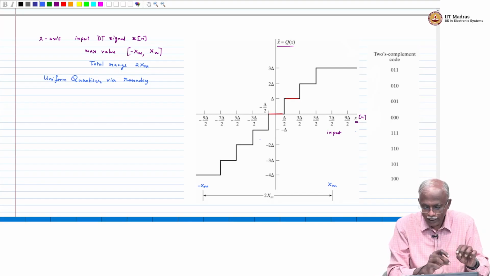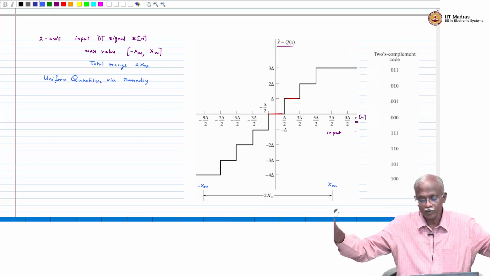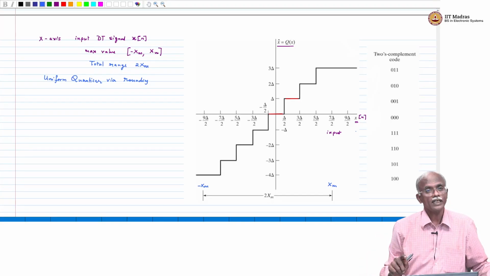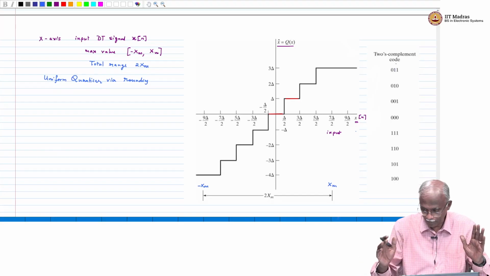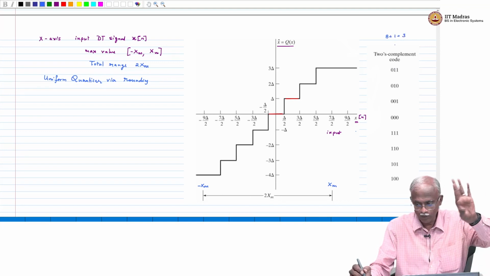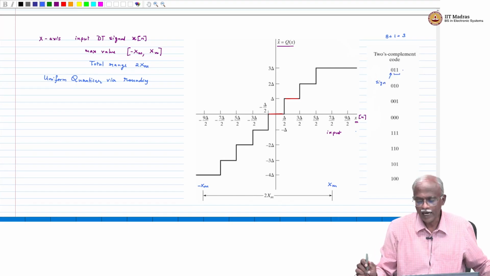So, though the input can be continuous, can take any value from minus xm to xm, notice that the output will have only a finite number of values. Now, in this context, if you say that b plus 1 equal to 3, that means the first bit is for the sign and the remaining 2 bits are for the amplitude.